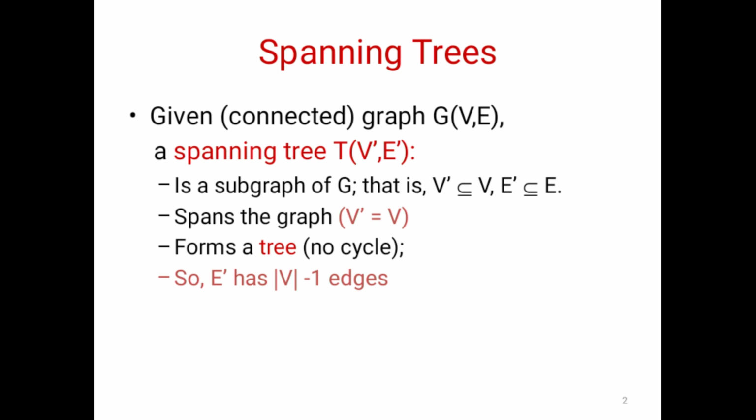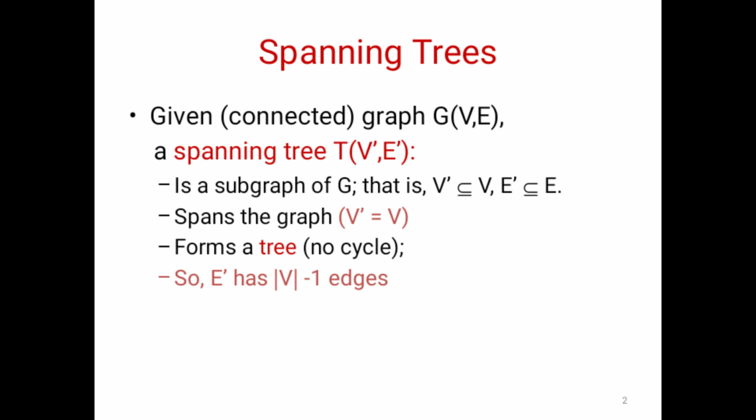Graph G consists of a set of vertices and edges, and a spanning tree T consists of V dash vertices and E dash edges. T is a subgraph of G, that is V dash is a subset of V and E dash is a subset of E.